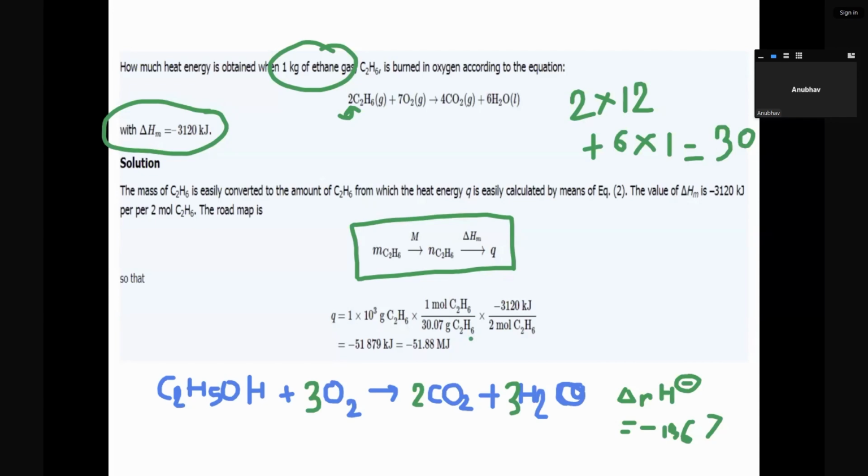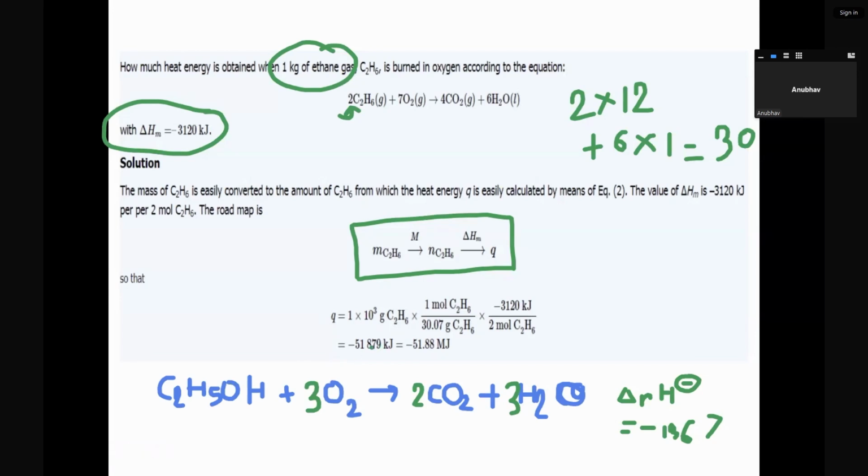Now, since the delta HM value is given for 2 moles of C2H6, we have to again divide it by 2. So Q will be divided by 2. So minus 3120 kilojoule divided by 2 mole, into the amount, that is 10 to the power 3 gram divided by the molecular weight, that is 30.07.